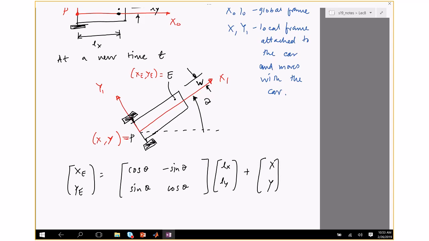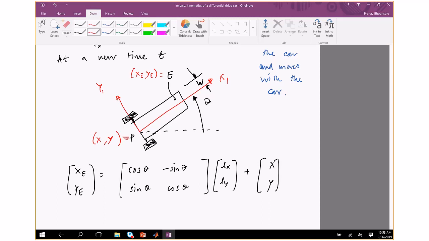Lx times 1 and Ly times 0, so Lx plus x, and for y you see it will be equal to just y. So this agrees. This is not new. This is something we've done in rotation, probably in the first class on rotations. Okay, so that's the first thing we need to know.